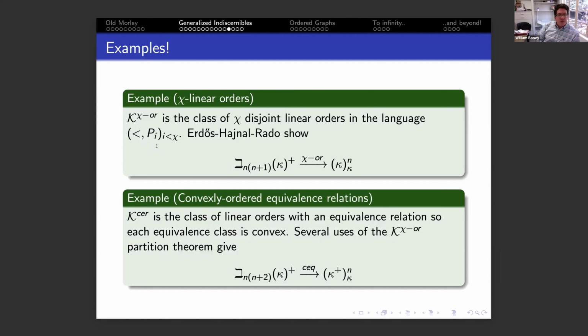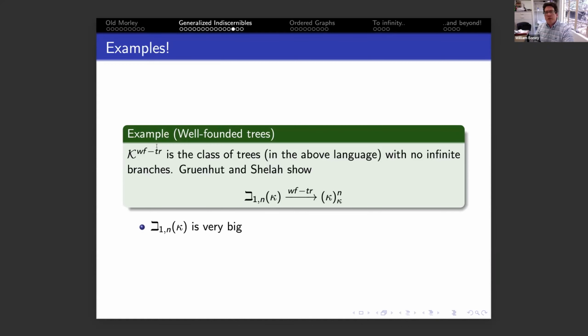You use this Erdős-Hajnal-Rado argument multiple times, and you can show that this has a structural partition relation. You can also show this for the class of well-founded trees. This is a result of Grunhut and Shelah.